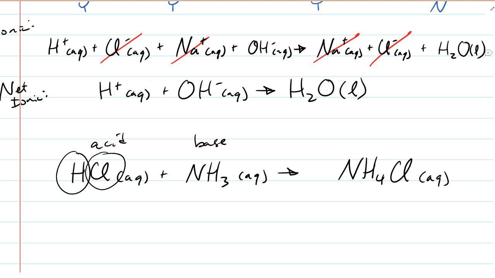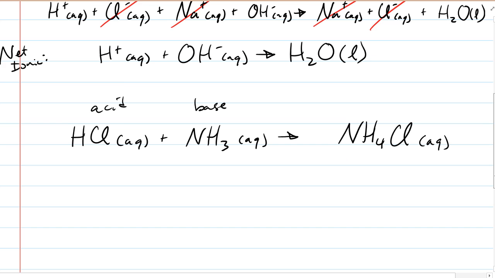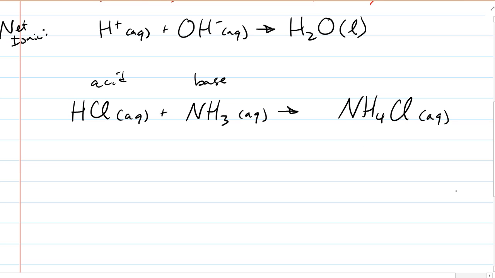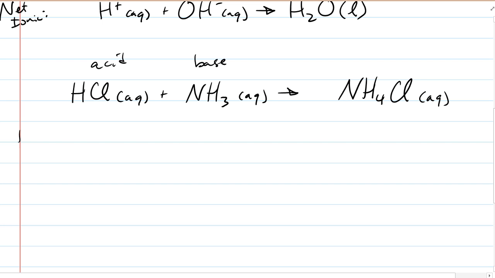And at this point then, if we wanted to write out the ionic equation, we could. So if we write out the ionic equation, we then ask ourselves which of these is strong electrolytes. Is HCl a strong electrolyte? Yes, it is. Is ammonia a strong electrolyte?